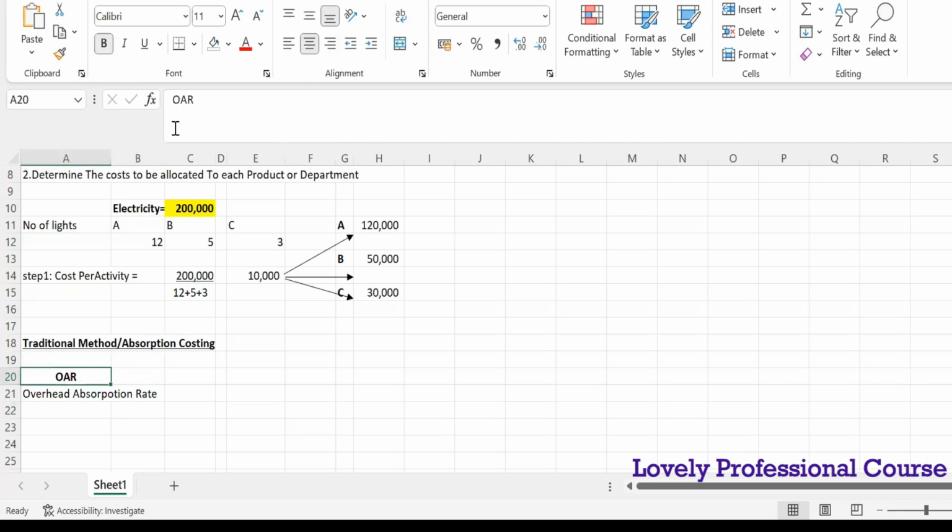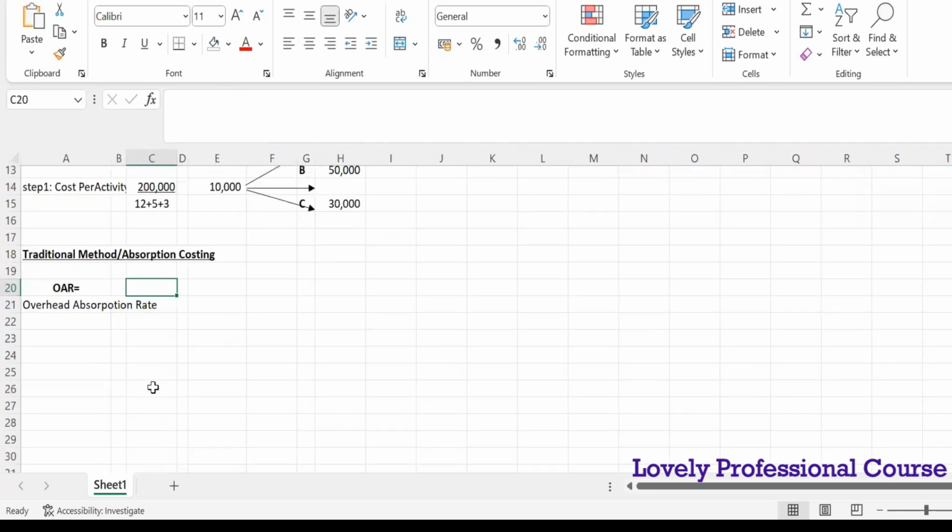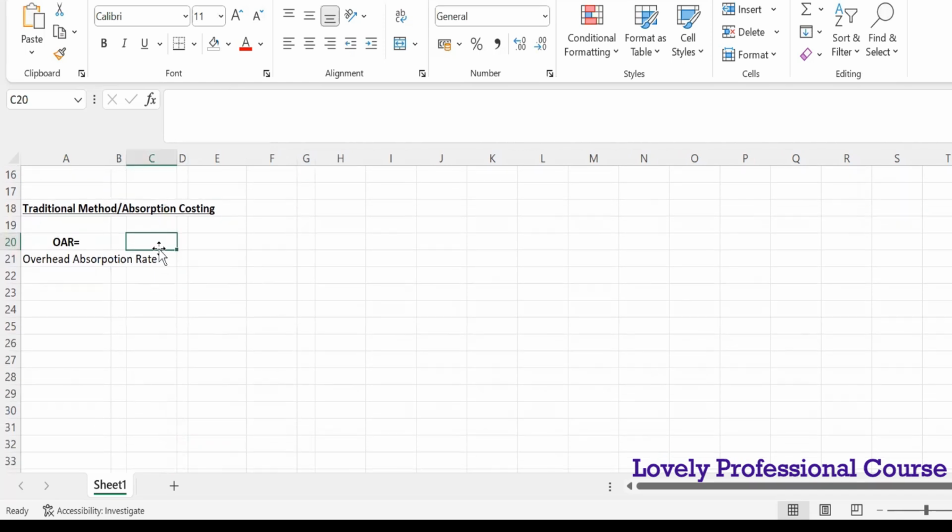So let's compute it. How do we get our overhead absorption rate? We need to take total overheads, not the total cost of one activity, not just electricity. You have to add all overheads you have in the equation.